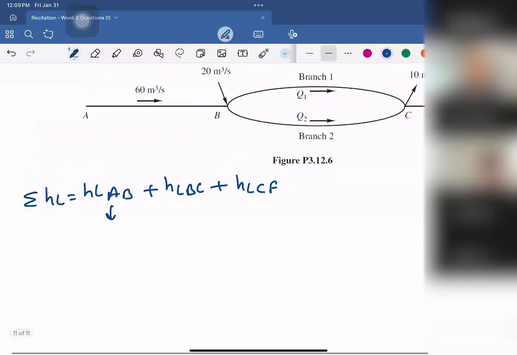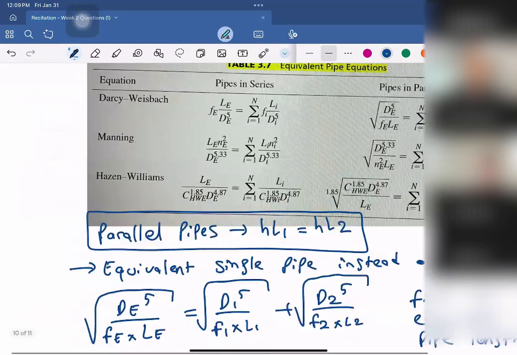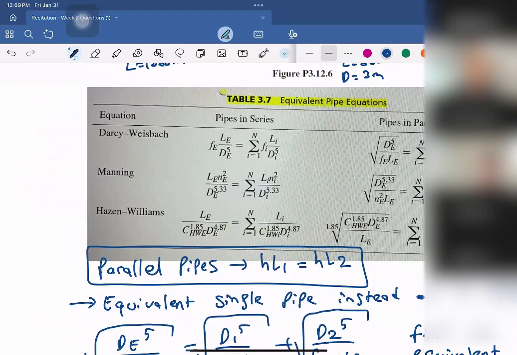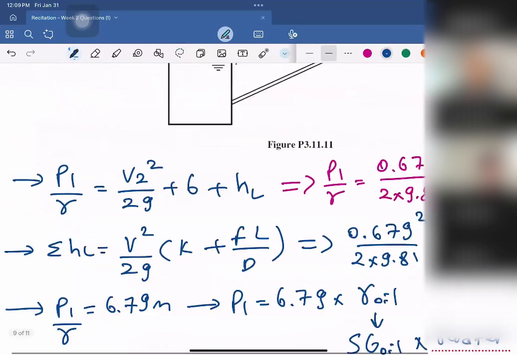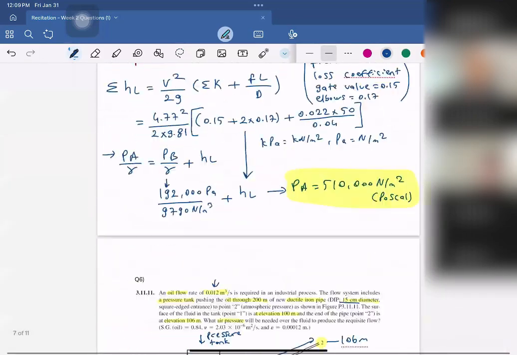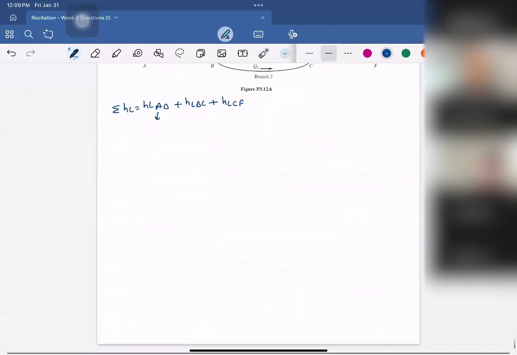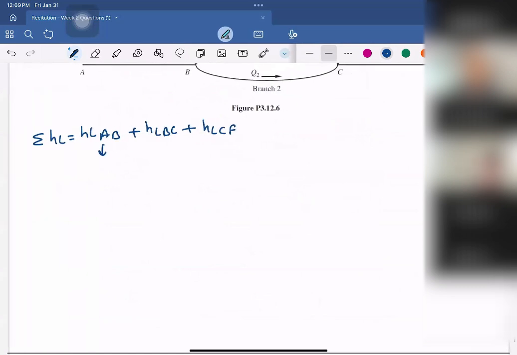So from A to B, I forgot to add the equation here.